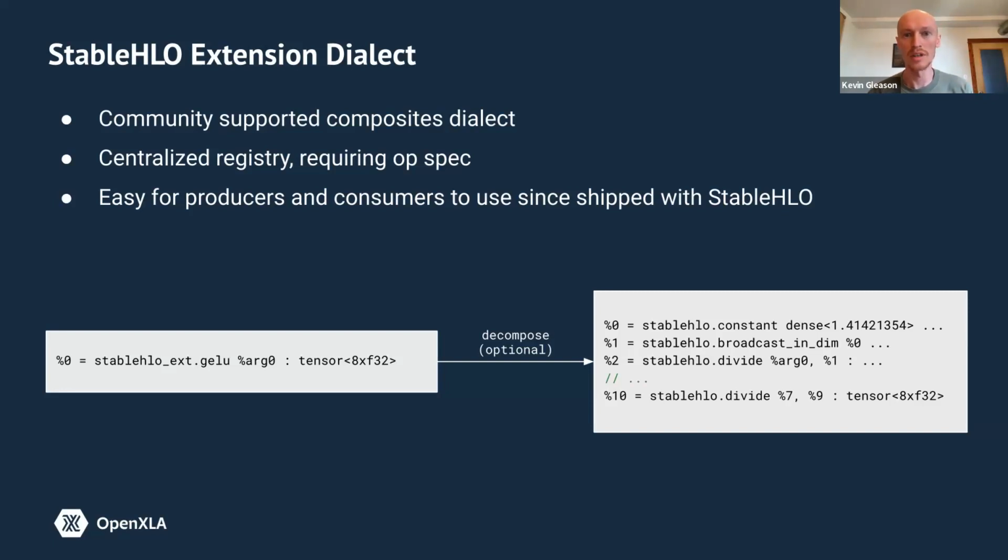As we see what designs for composites are viable and winning designs, the community can make proposals to add them to this centralized registry of composite operations. The benefit is it's much easier for both producers and consumers to use these ops because they're shipped with StableHLO.